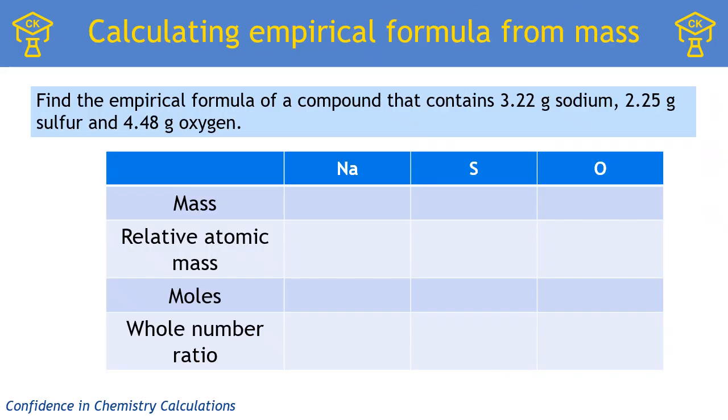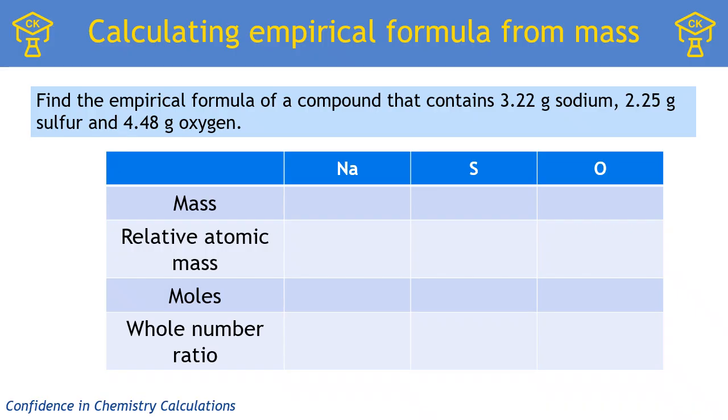Let's look at how we would calculate empirical formula. We're going to start using mass in grams. For this example, we've been given the mass of sodium, sulfur and oxygen that's present in a particular sample of a compound.